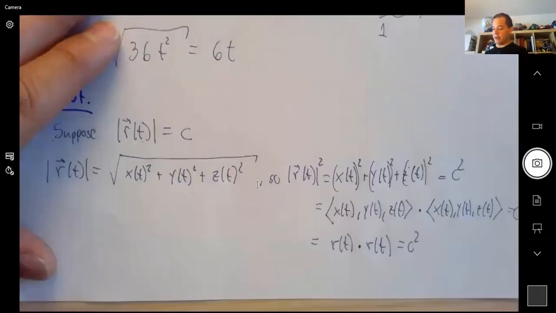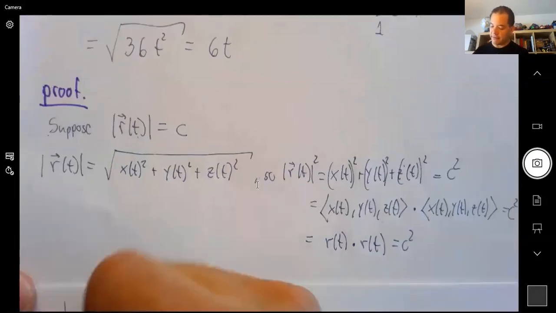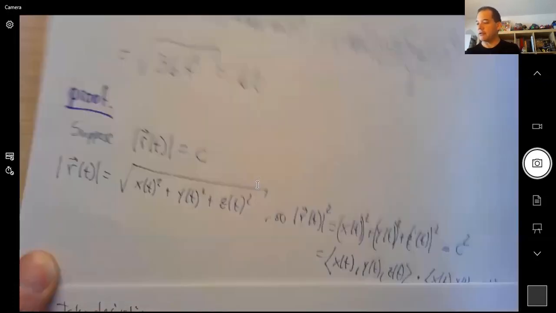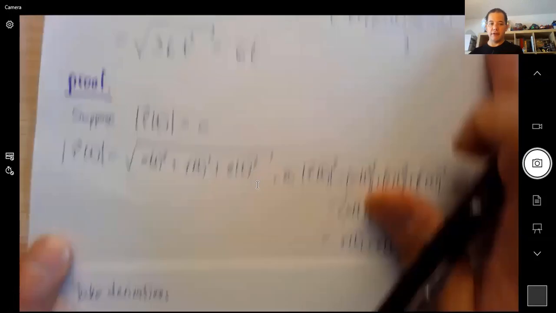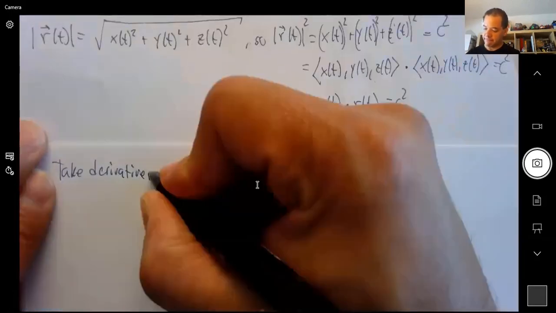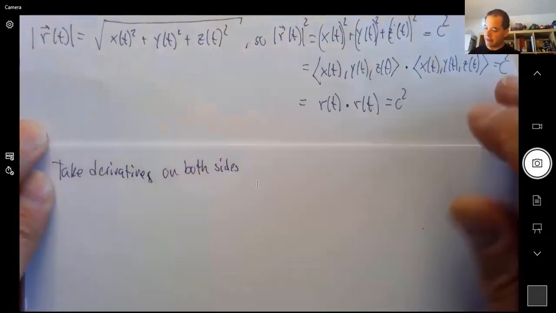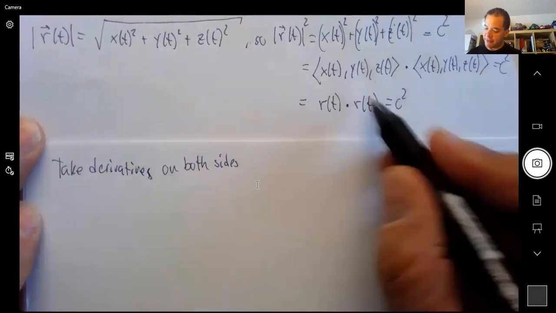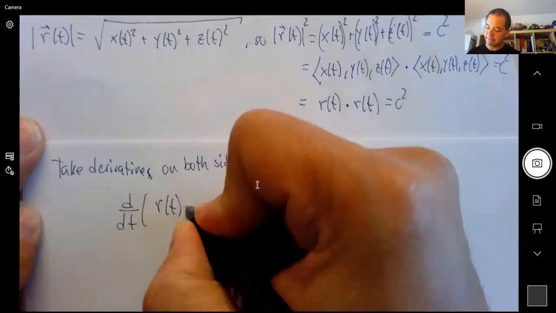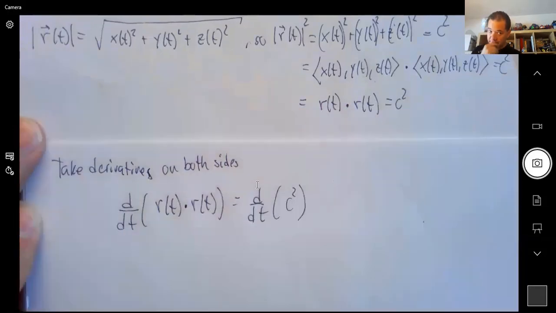So let's take this equation and take derivatives on both sides. And let's see what we get. We get the derivative with respect to t of the dot product is the derivative with respect to t of some constant, right?